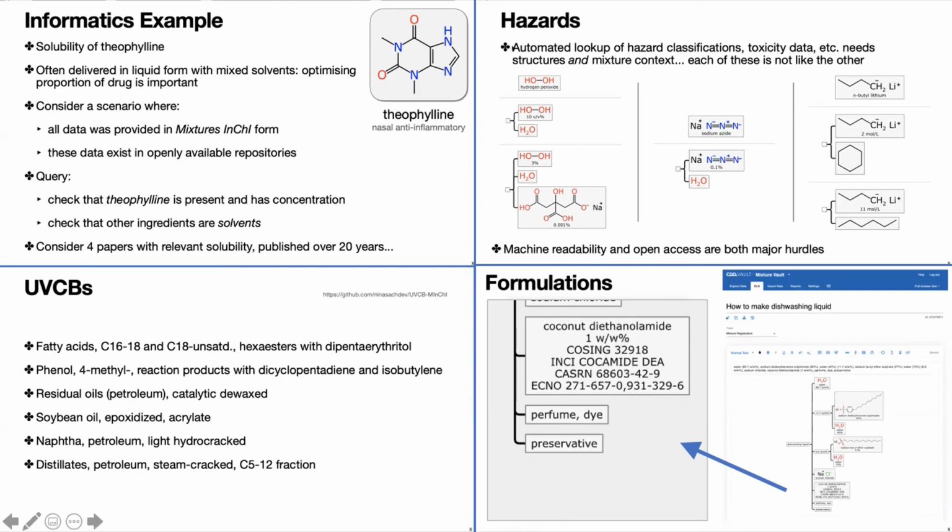We've also, down on the lower right here, talked with people who are working with formulations. So right here, you're seeing a dishwashing liquid formulation, but you could imagine any consumer product here, shampoo, cosmetics of some kind. And the interesting thing about these is there's definitely some active components that you can discern the structural information about, and that's important, right?